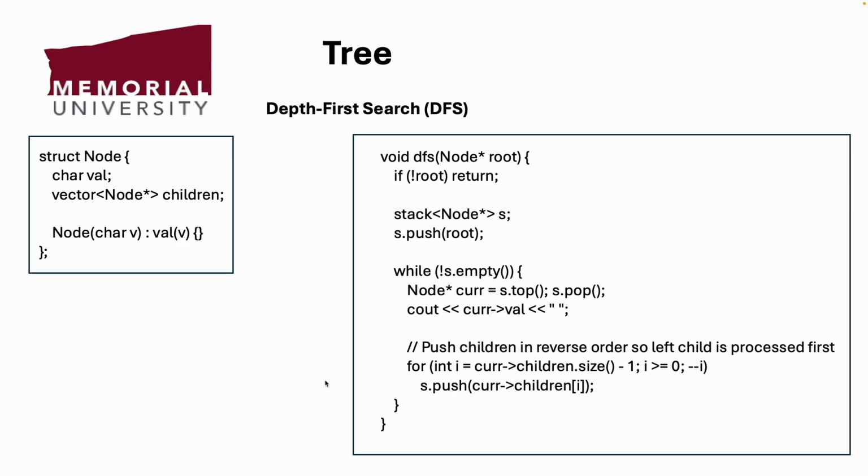Okay, let's look at the code. Again, this is the structure of the tree node. It has a value and a vector of nodes for its children. This is the code for depth first search. What it does here is first check whether the root node is empty, or a null pointer. If yes, we do nothing.